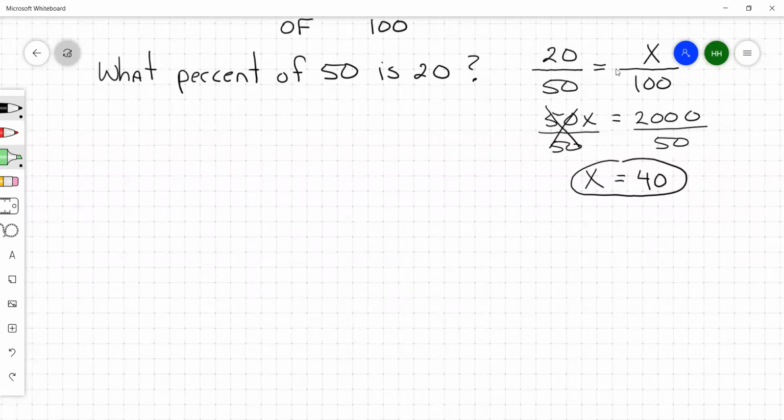What percent of 56 is 42? Set up your proportion using the template.